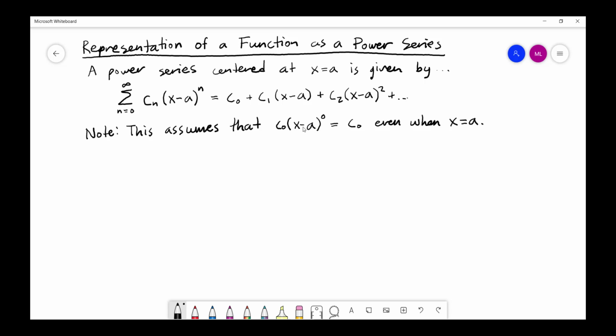So we're going to assume that. Notice that in that case, if x is equal to a, all of these other terms are going to go to 0. That would be 0 to the first power, 0 squared, 0 cubed. All of those are just going to be 0, and we would have automatically a result that's converged, and it would just be converged to whatever C0 is.